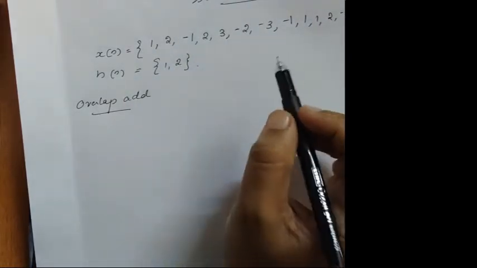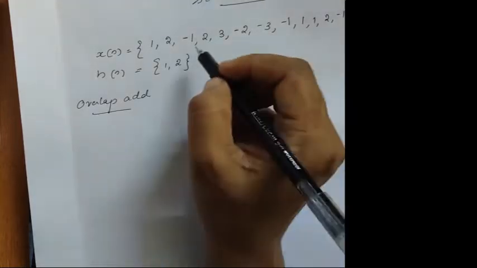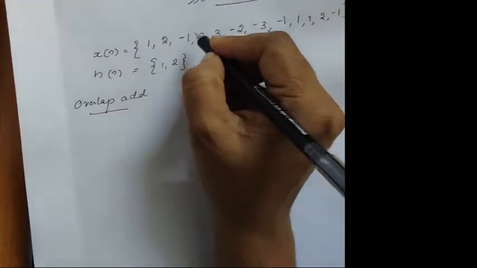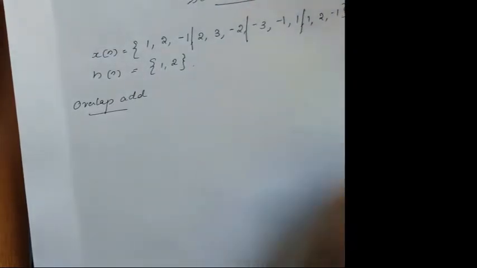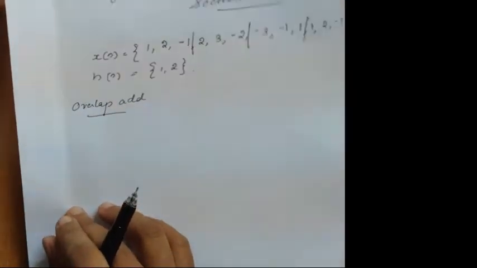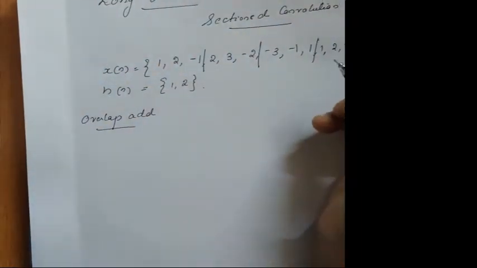For an easier convolution, we can first divide it into 3. Equally we are dividing into 3, or you can think that the minimum we can take is 3. Divide each sequence using 3.